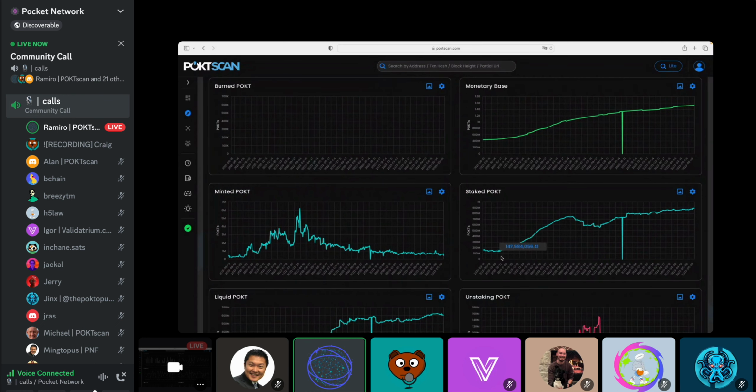The stake Pocket is actually mostly the number of nodes that were staked in the system. You can see how the stake Pocket was rapidly increasing, and all this increase in stake Pocket meant that a lot of people were buying Pocket to be able to stake Pocket here. So probably drove the price up during this inflationary period. But then came the price drop and the WACME and the PIP22.